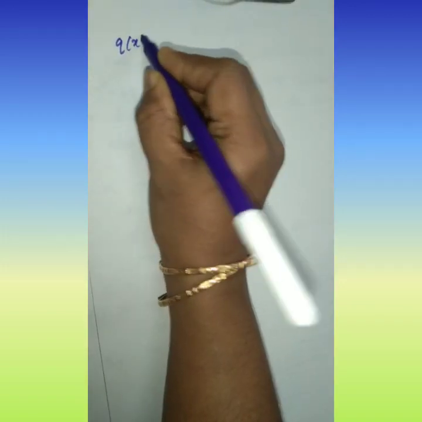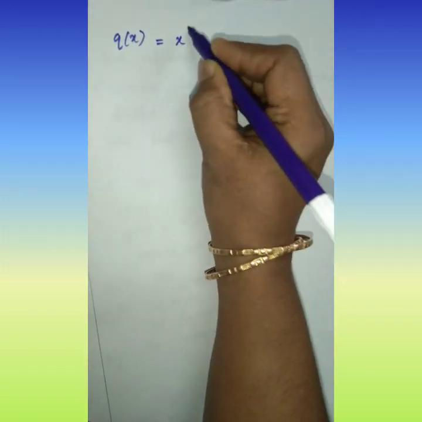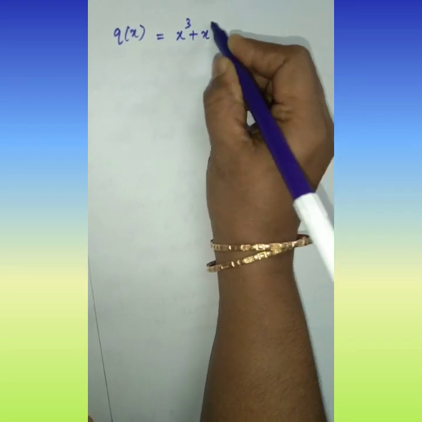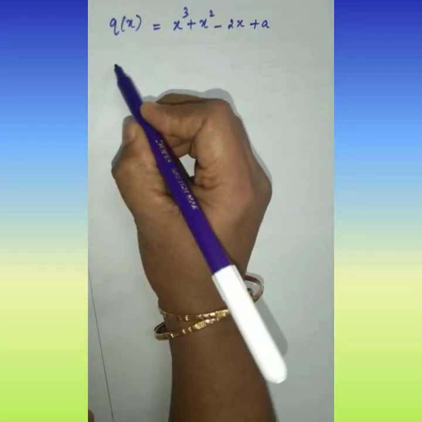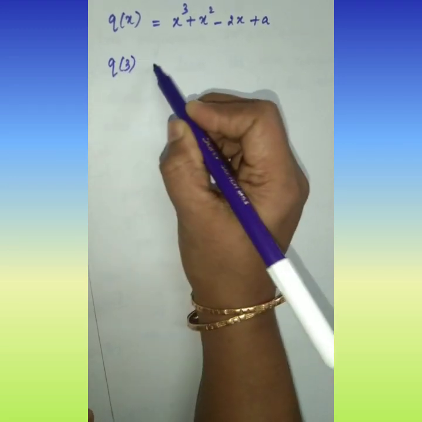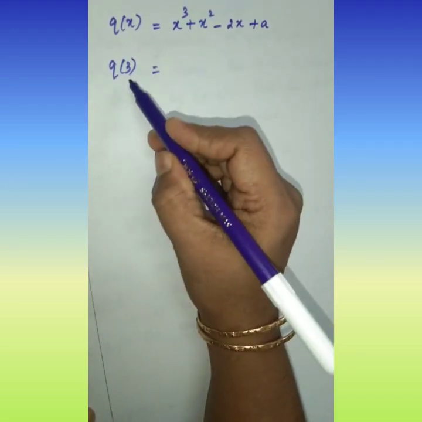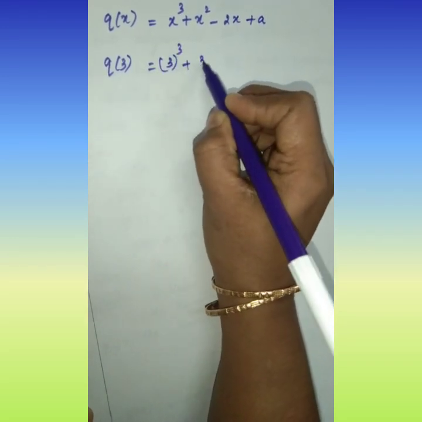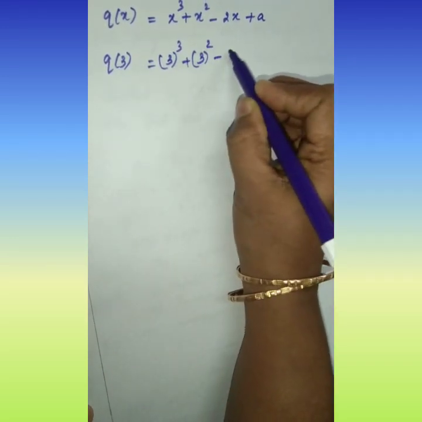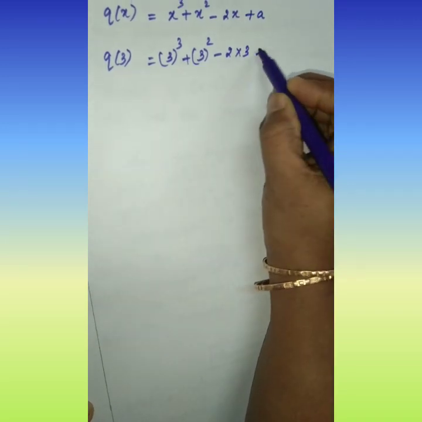Therefore, second polynomial Q of x is equal to x power 3 plus x square minus 2x plus a. So we are going to find out Q of 3. So in the place of x we are going to substitute 3. So 3 cube plus 3 square minus 2 into 3 plus a.